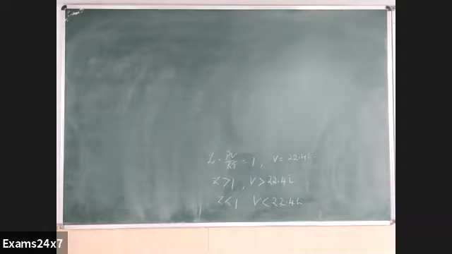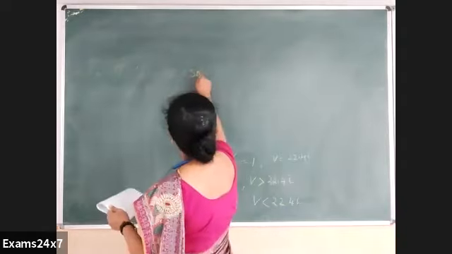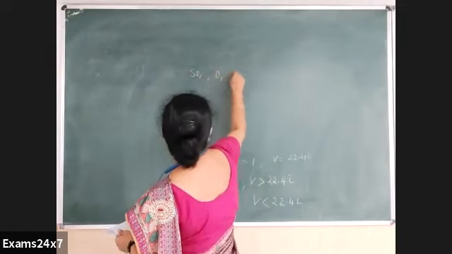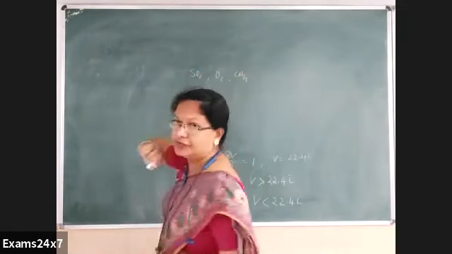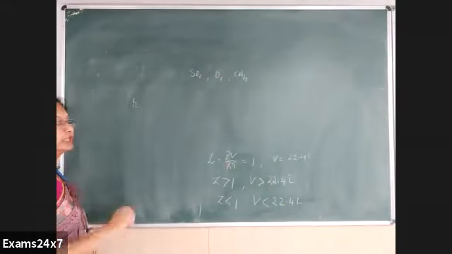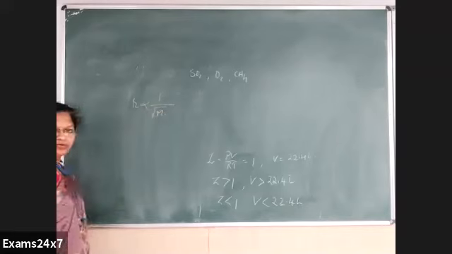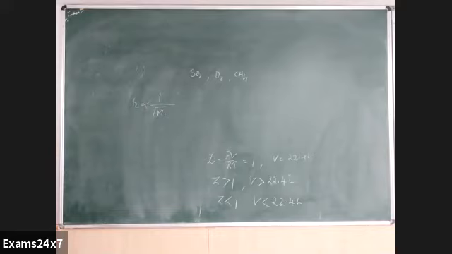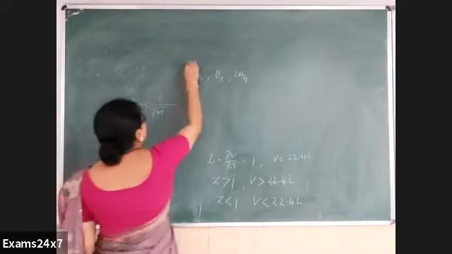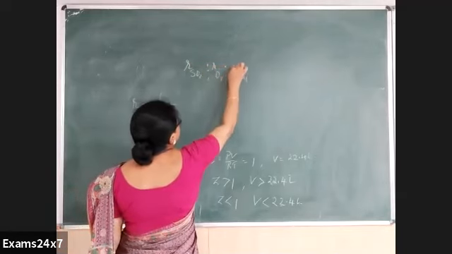The ratio of rate of diffusions of sulfur dioxide, oxygen and methane. What is the formula for rate of diffusion? Rate of diffusion is inversely proportional to square root of molar mass. Rate of diffusion of three gases to be found: R of sulfur dioxide is to R of oxygen is to R of methane.